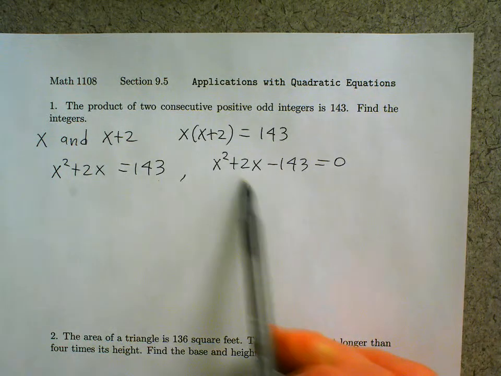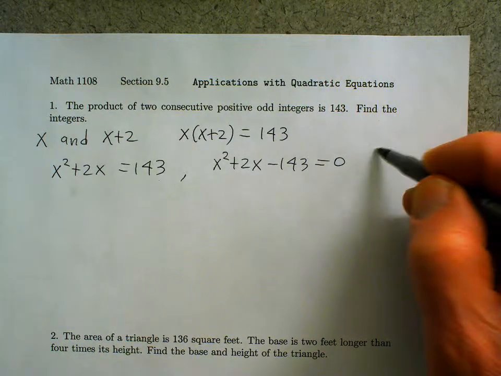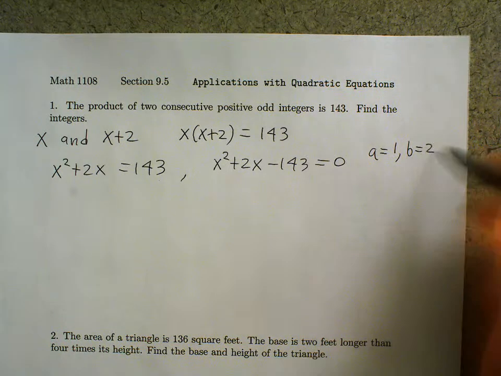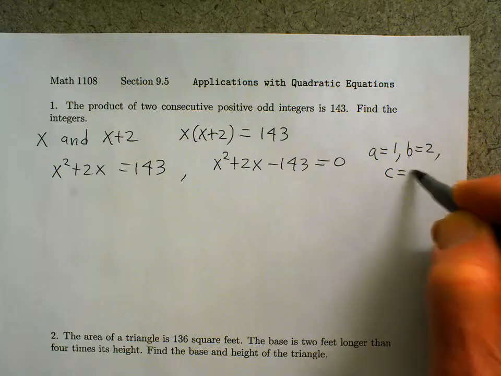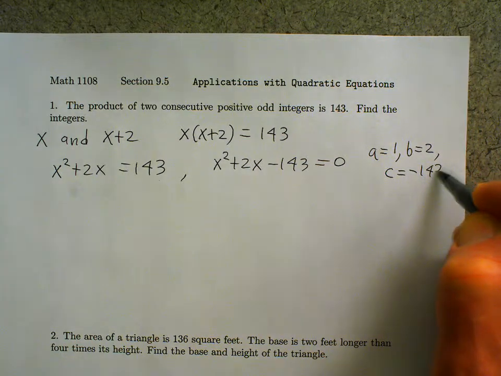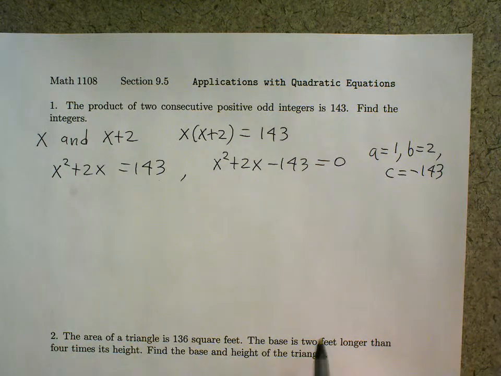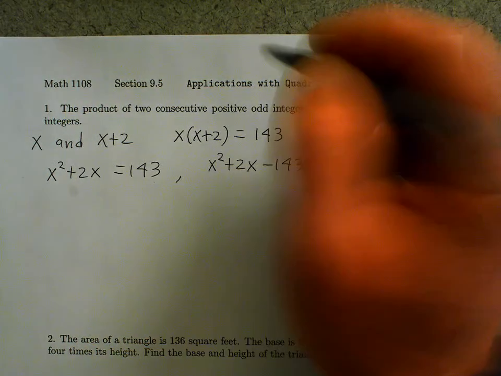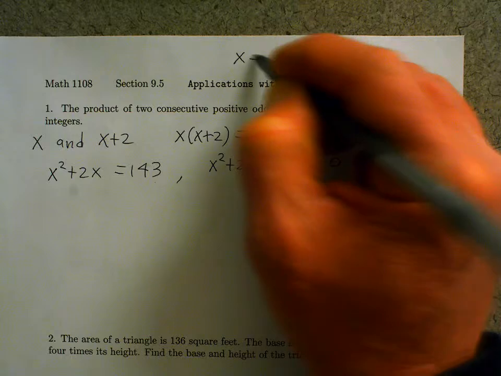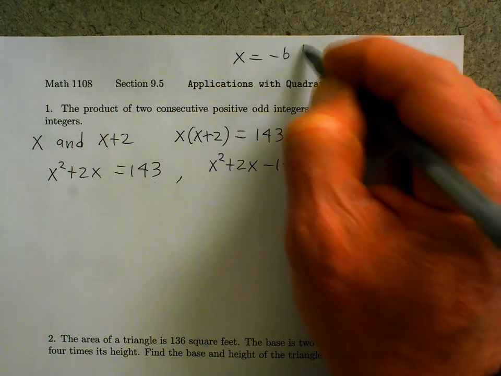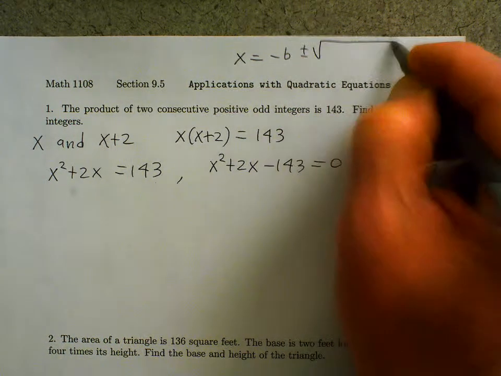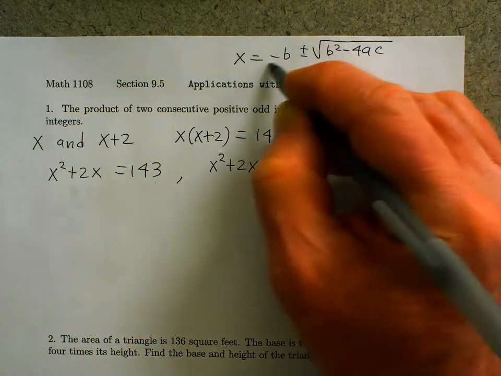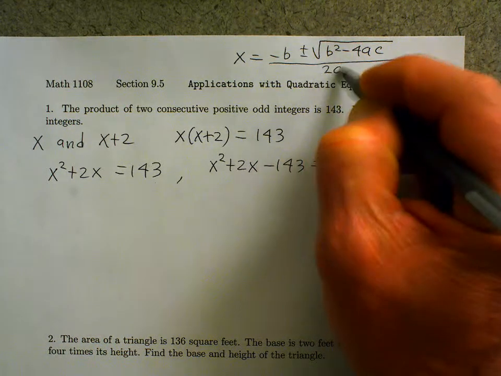If we use the quadratic formula, the value of a is 1, b is 2, and c is negative 143. Okay, up here I'll write the quadratic formula, x equals negative b plus or minus the square root of b squared minus 4ac, all divided by 2 times a.